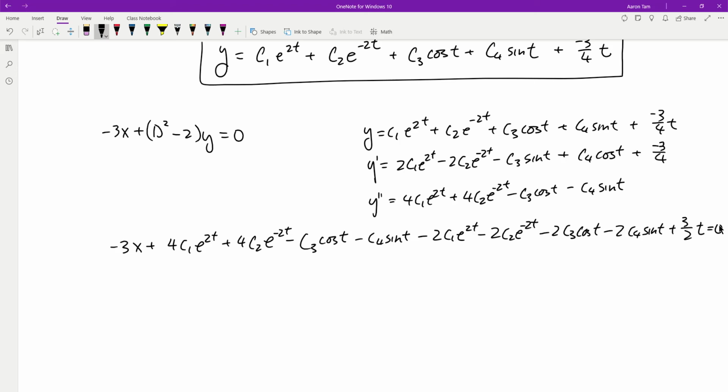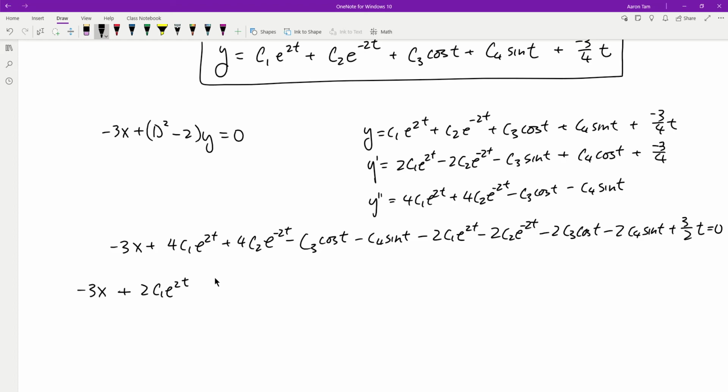So that looked like a lot of things going on, but remember, one of the nice things about solving a system of differential equations like this is that terms just combine together. So I'm going to keep the negative 3x. I have 4c1 e to 2t minus 2c1 e to 2t, so I will get plus 2c1 e to 2t.